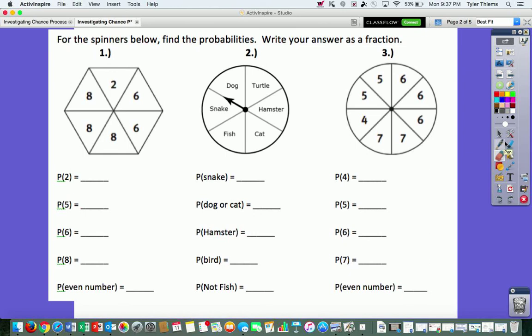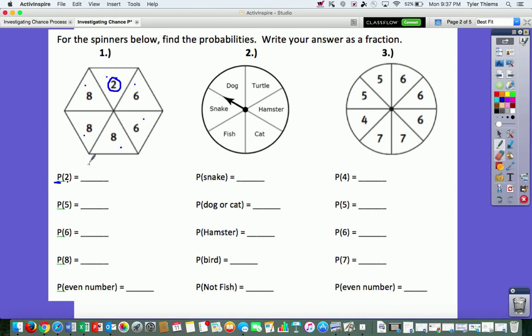All right, next we have 3 spinners. For the spinners below, find the probabilities. We're going to write our answers as a fraction. So this first spinner here, each piece, 1, 2, 3, 4, 5, 6 pieces or segments or parts of this spinner. So this one means the probability of landing on a 2. Well, how many 2s are there? There's 1, 2 here.